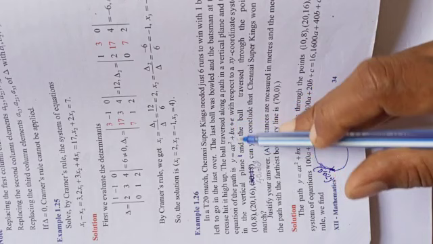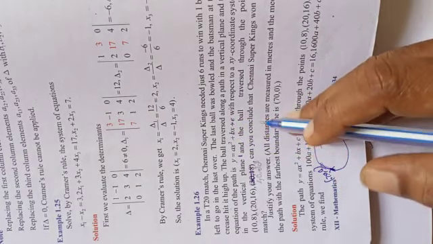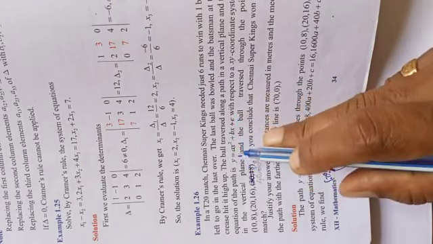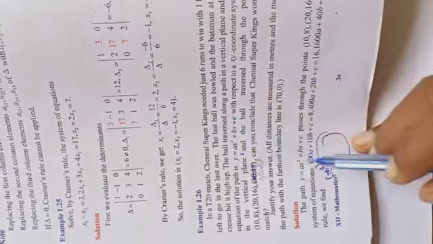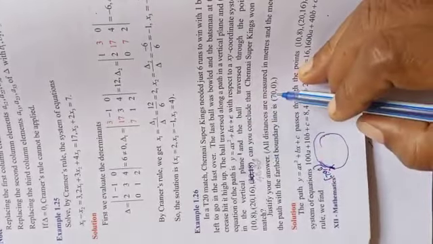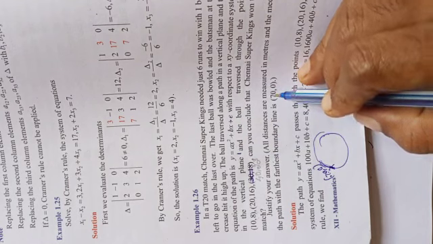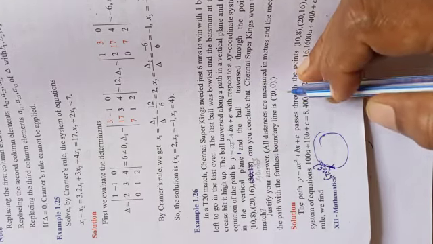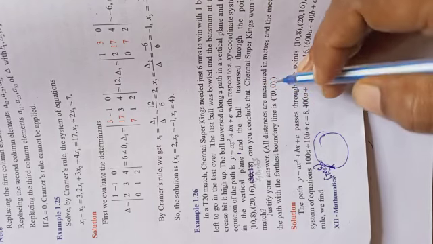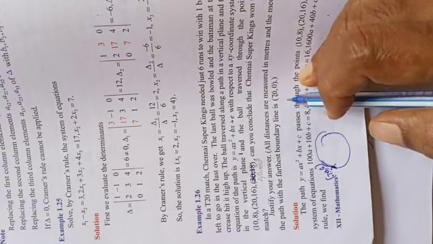Using that we find a, b, c, and then substitute. When x equals 70, we check what y is. If it is above 0, we will know the ball might have gone for 6. Shall we check it?